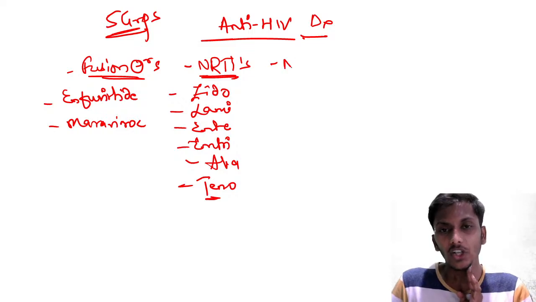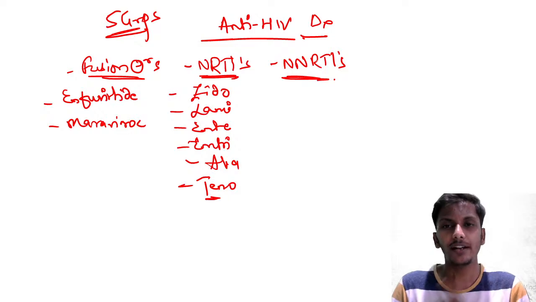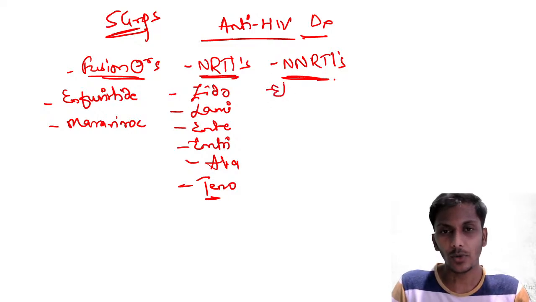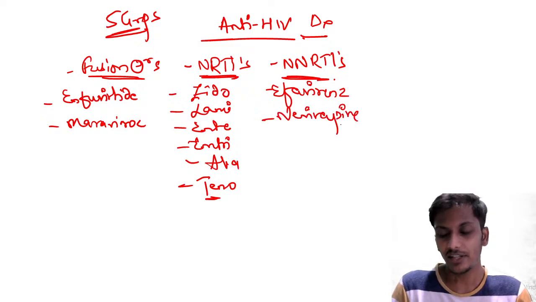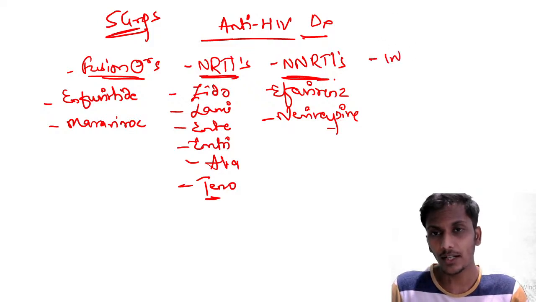Then the non-nucleoside reverse transcriptase inhibitors are what? Important ones to be remembered are efavirenz, and second one would be your nevirapine. I'm just giving you important drugs. And the fourth group is what? Integrase inhibitors. And what are these integrase inhibitors?